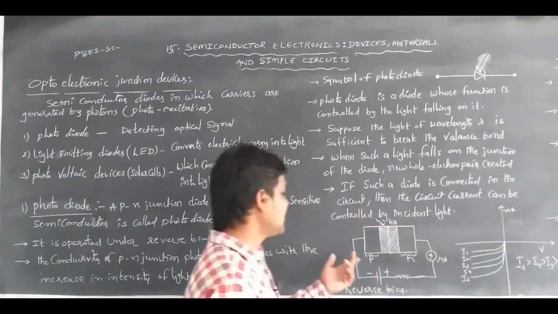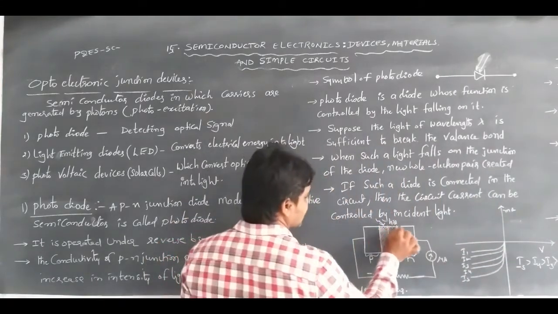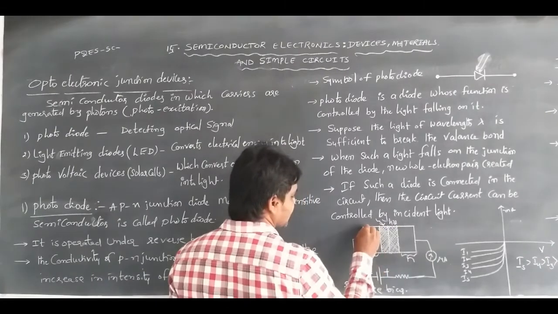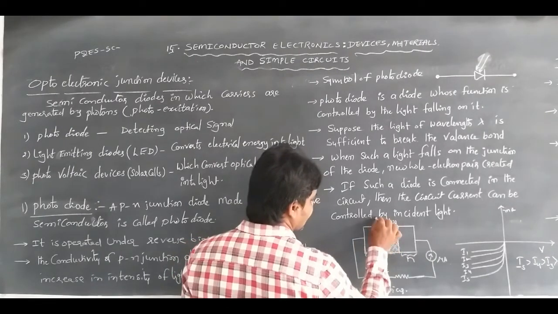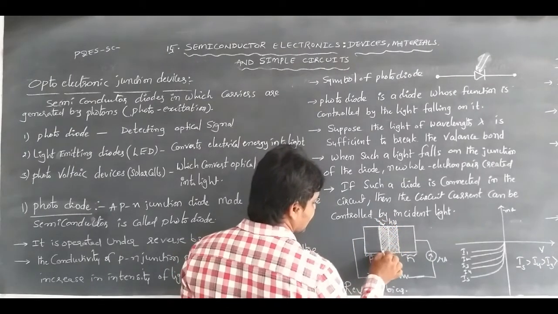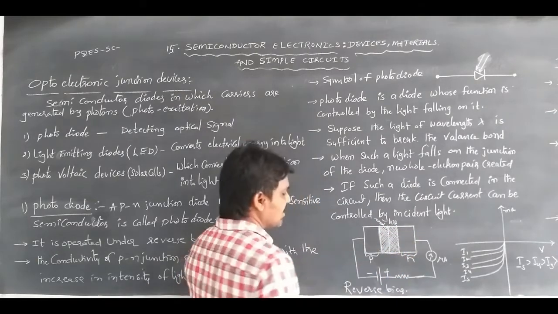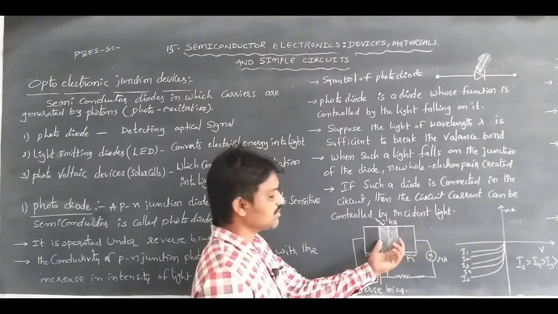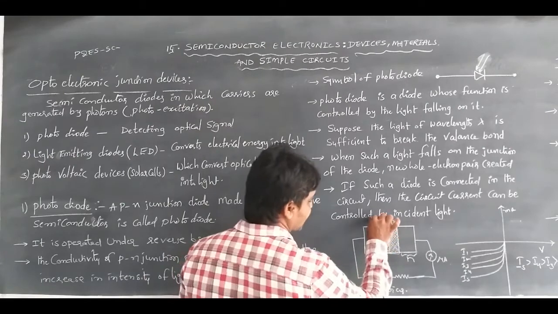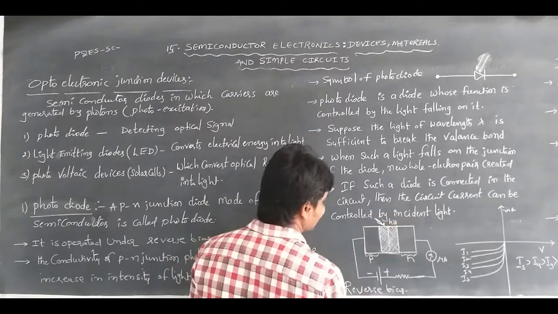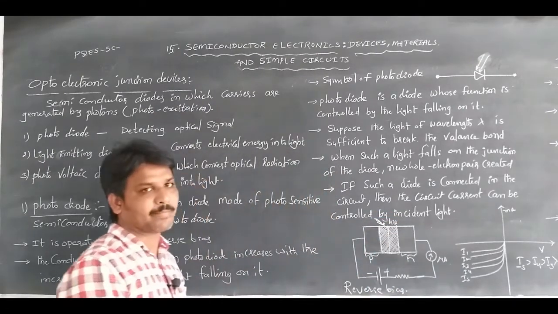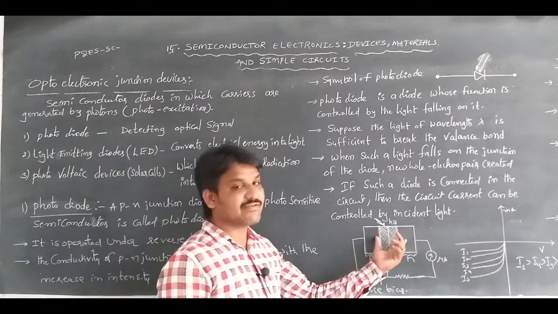Here this is the p-n junction diode, and whenever the light ray is incident on this photosensitive material, it is connected in reverse bias.